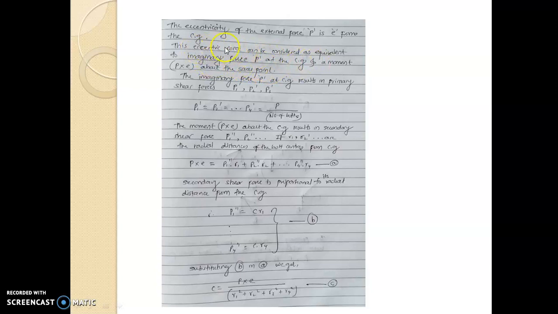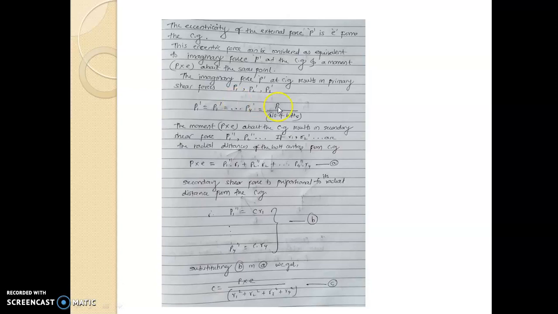The imaginary force P at the CG results in primary shear forces, for the first bolt P1 dash, likewise P2 dash up to P5 dash. The primary shear forces P1 dash, P2 dash, P4 dash, P5 dash are equal, assuming that the areas are equal.